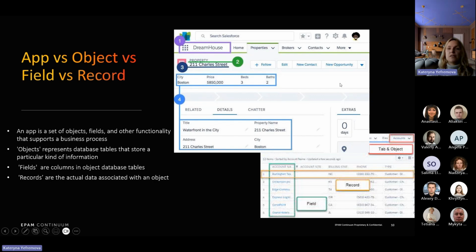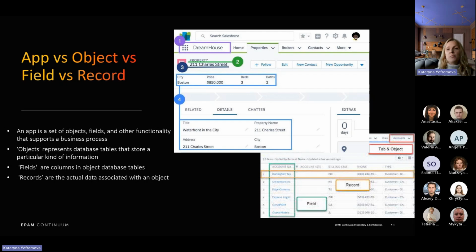The most popular objects are, for example, accounts and contacts. Accounts could be hospitals, because it's usually some kind of company or organization. We can have accounts like hospitals, and the contacts object would store all the people who are working in this hospital.